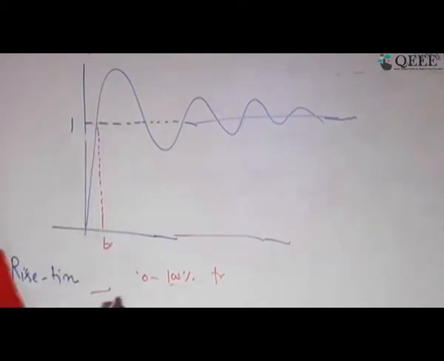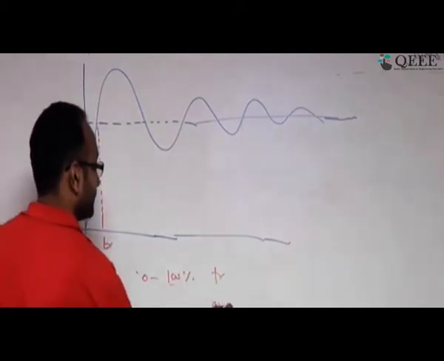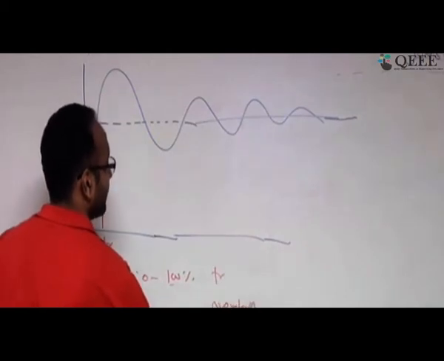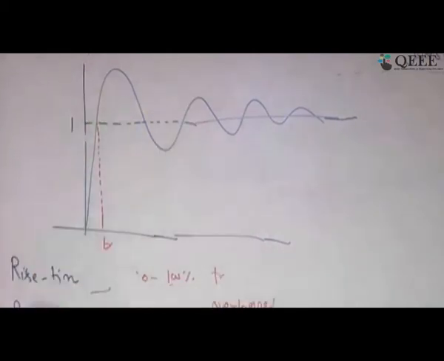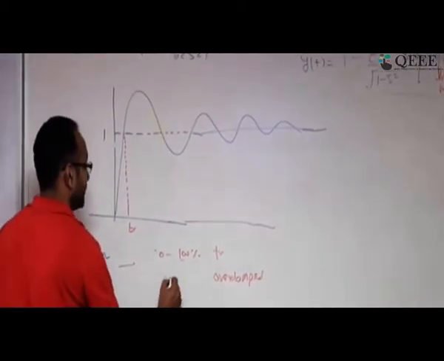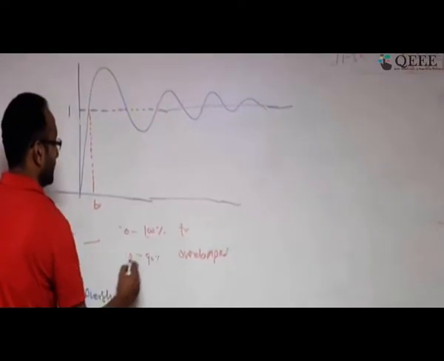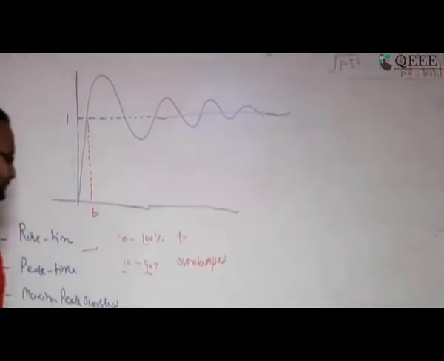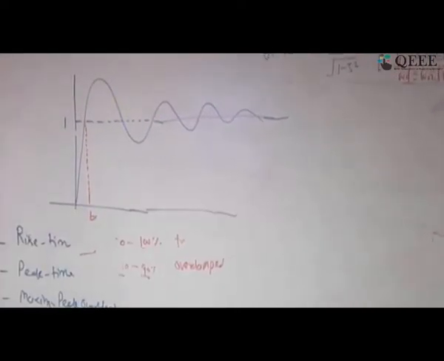And if your system is overdamped, as I mentioned, it so happens in some cases that zeta is much larger than 1, then I come to the overdamped scenario. In this case, they measure the time required to reach the value from 10% to 90%. This is the rise time.